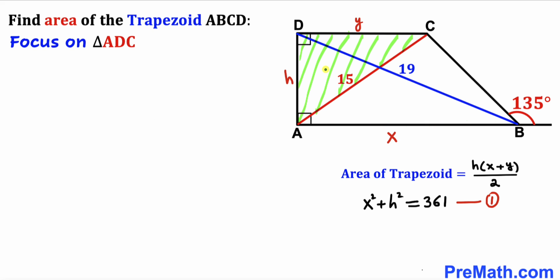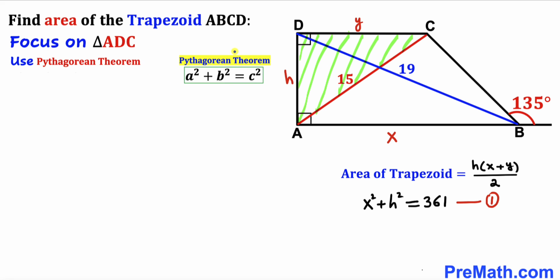And now let's focus on this another right triangle ADC. And we are going to use the Pythagorean theorem on this triangle once again. And here's our Pythagorean theorem once again: a square plus b square equals c square. Let me call this longest leg as our side c. I'm going to call this side lowercase a and this lowercase b. So let's go ahead and fill in the blanks in this Pythagorean formula. a in our case is y.